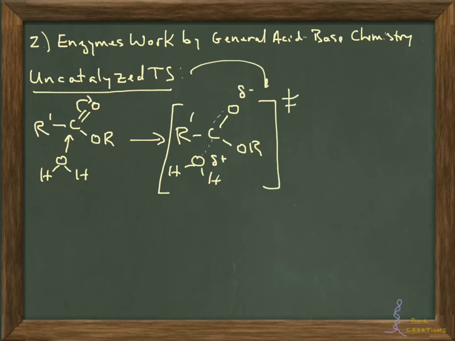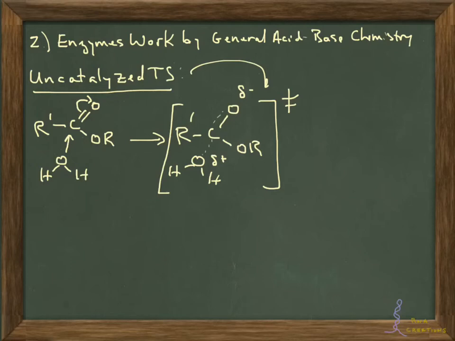And so the way this is often taught is it says, the uncatalyzed attack of water on an ester leads to a transition state in which a positive charge develops on the attacking water molecule and a negative charge on the carbonyl oxygen. And so that's one way of looking at the reaction.